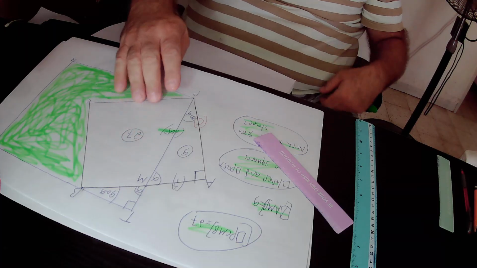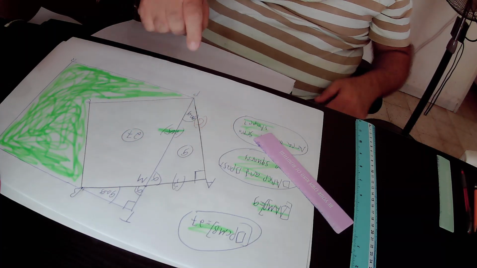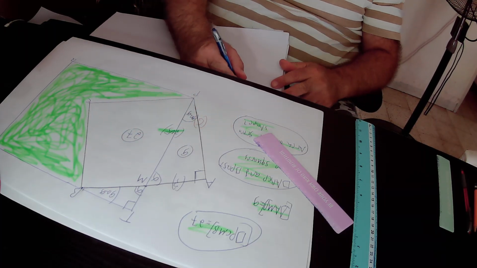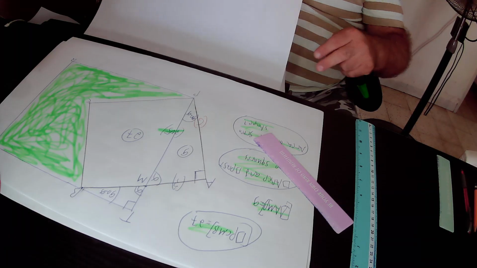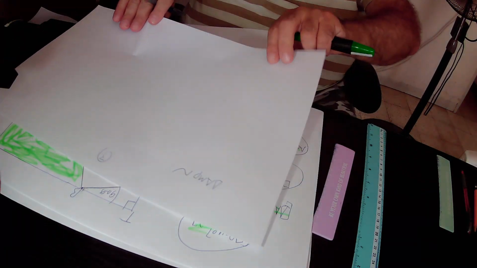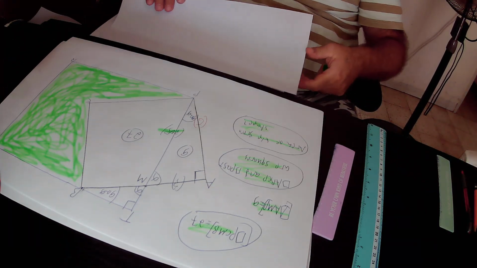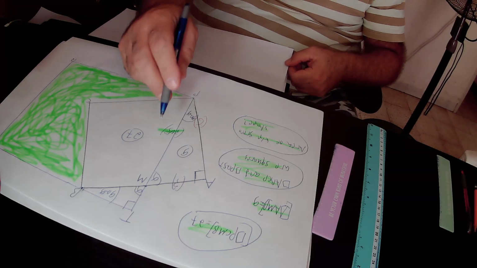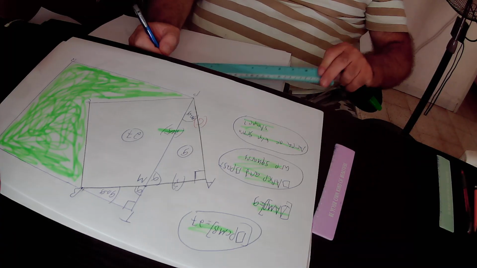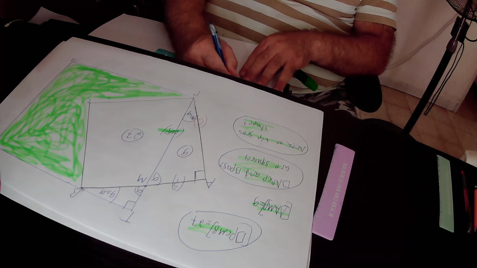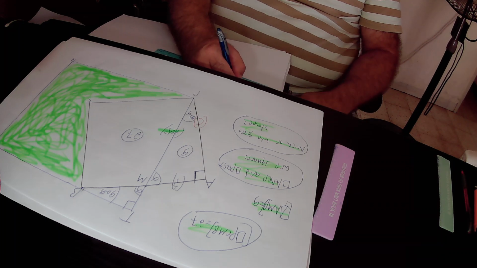So okay, now we found out that the big right triangle AMP is similar, this is the sign of similar, to the small right triangle TMB, according to the angle similarity rule.